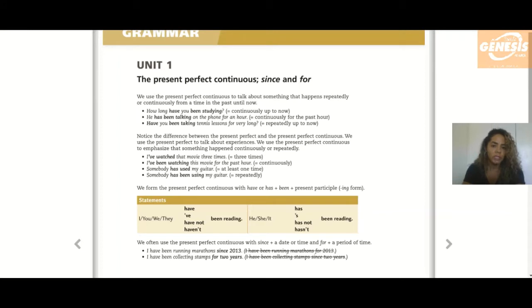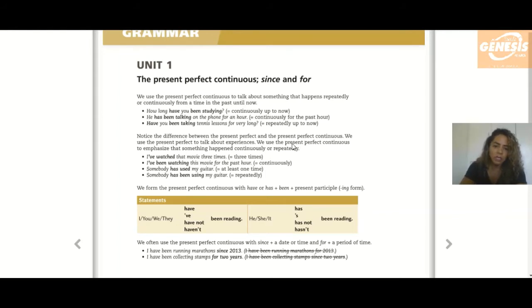So notice the difference between the present perfect and the present perfect continuous. We use the present perfect to talk about experiences. We use the present perfect continuous to emphasize that something happened continuously or repeatedly, right?